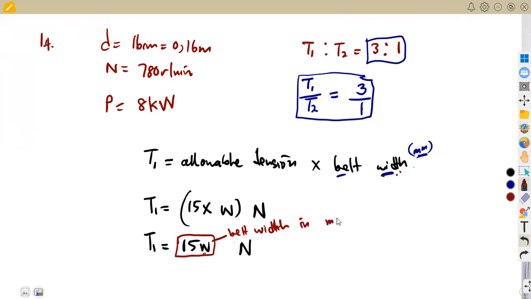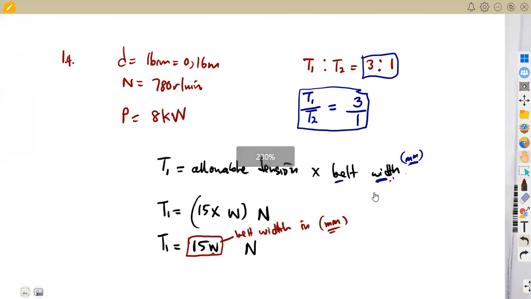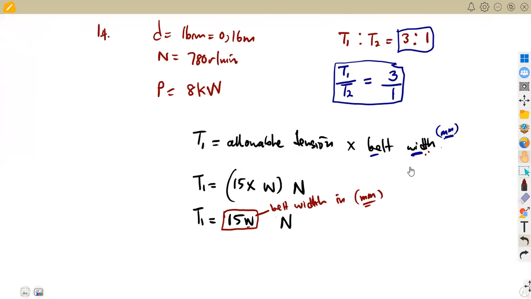Okay, so someone is asking, why are we even concentrating on this T1? Why can't we just answer the question directly? It's very important for you to analyze this information and understand what it alone means, so that when you're answering the questions, it's going to be easier for you.